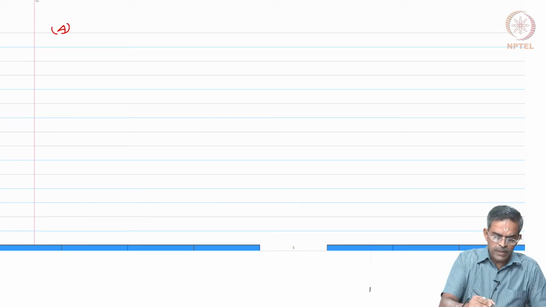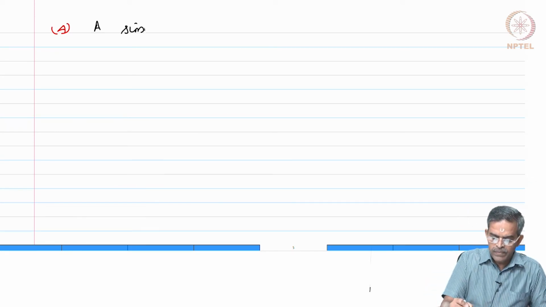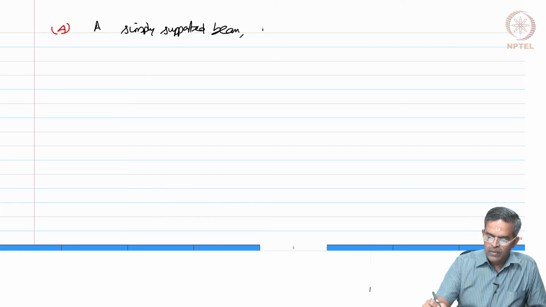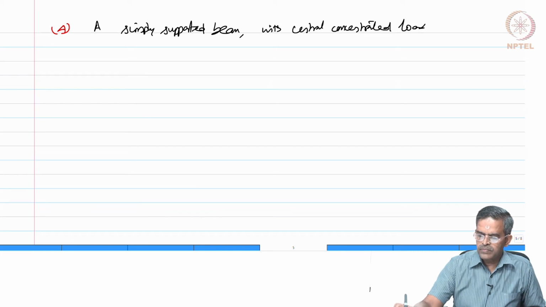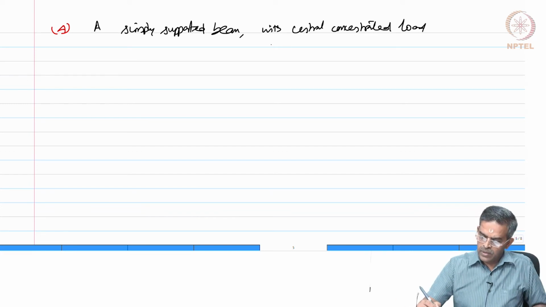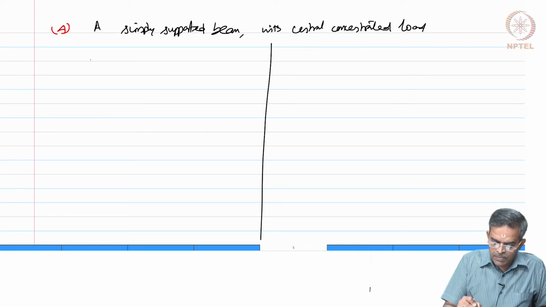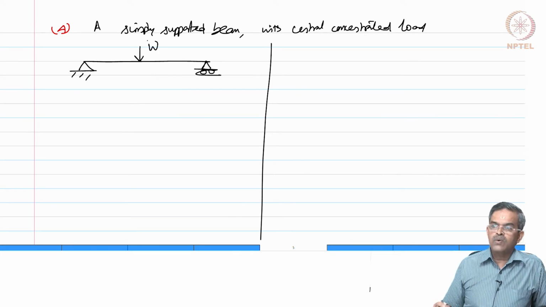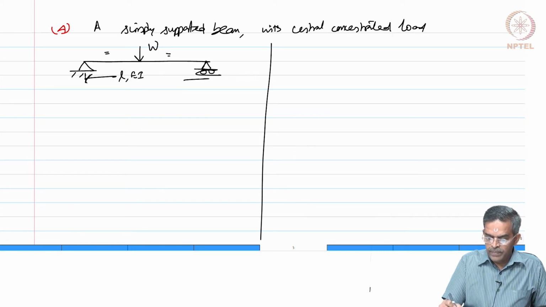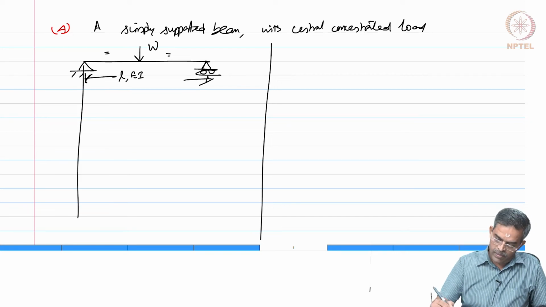It is a simply supported beam with central concentrated load. Let us do that. So, I have a simply supported beam with a central concentrated load W over a span of L, EI.